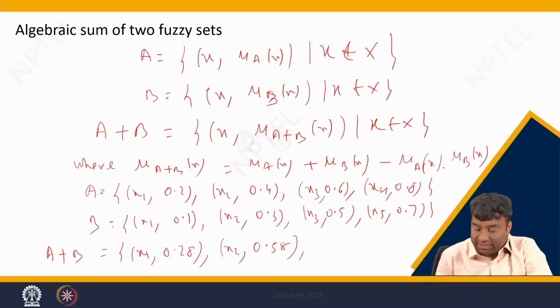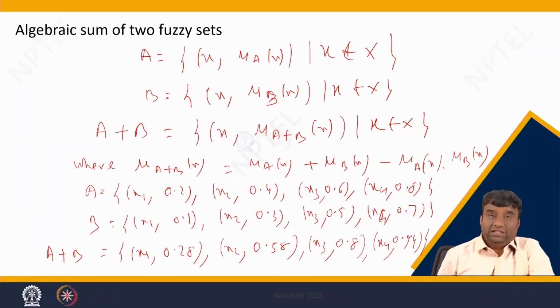Now x3: 0.6 plus 0.5 is 1.1 minus 0.30, so 0.8. Then x4: 0.8 plus 0.7 is 1.5 minus 0.56, so you will get 0.94. So this is the algebraic sum of two fuzzy sets A and B. Simply, mu A plus B(x) is mu A(x) plus mu B(x) minus mu A(x) into mu B(x).